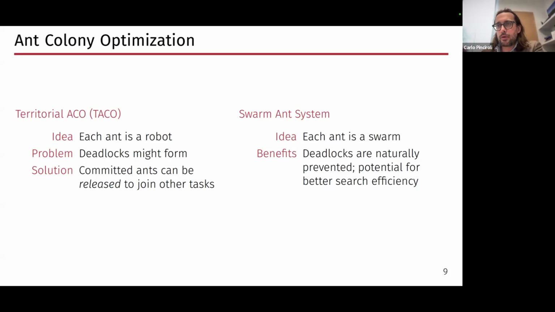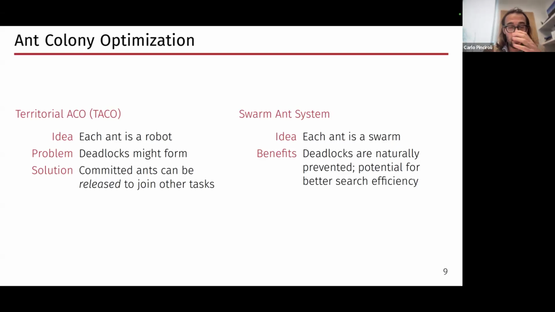Basically, task by task, we release the robots that we need according to what the task requires. What's nice about this is that you cannot have deadlocks in a system of this kind, because essentially you are treating this problem of coalition formation like a normal TSP, or anyway a normal task allocation problem in which you don't have coalition formation.